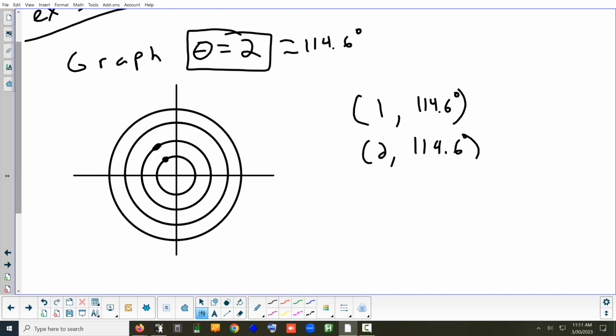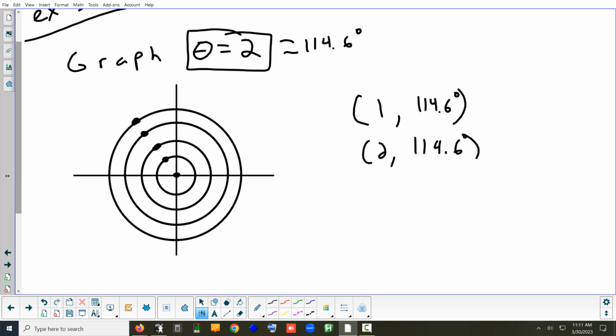What's another one? 3 comma 114.6. Okay, another one? 4 comma 114.6. -1. For your angle? Or no, for your radius? Yeah, you could have 0.